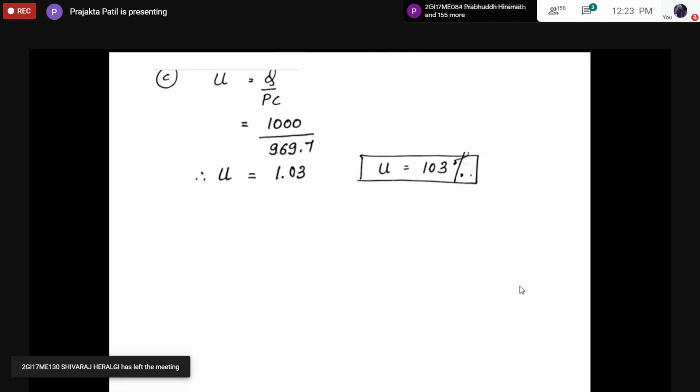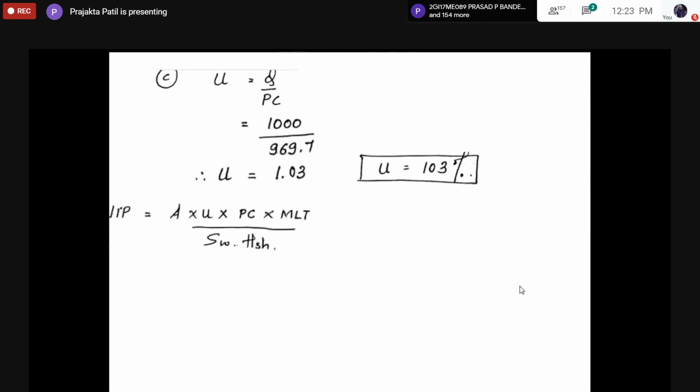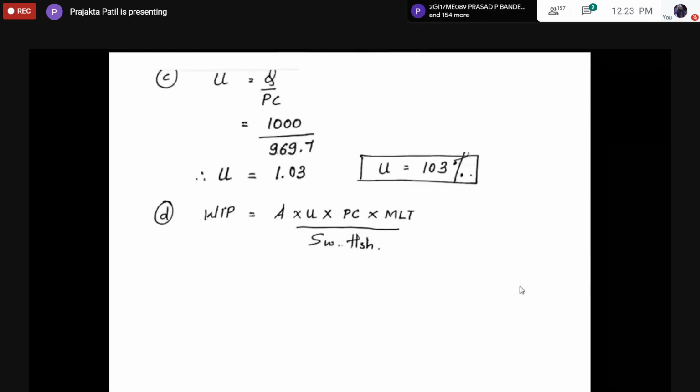All are getting this? Okay. Proceeding to the last part, that is, what is the work in process. We have this equation: availability into utilization into production capacity into manufacturing lead time divided by SW into HSH.